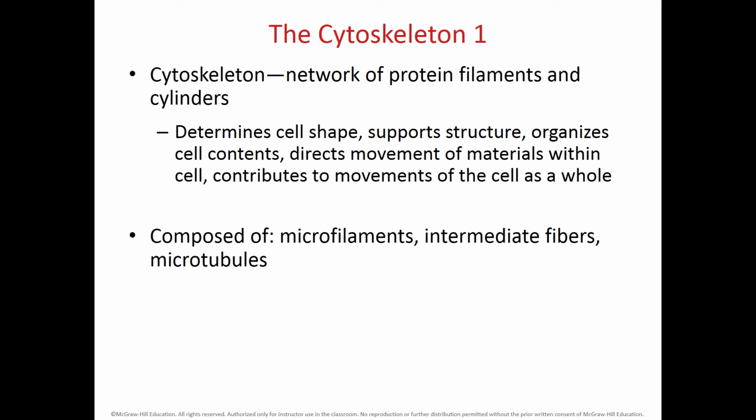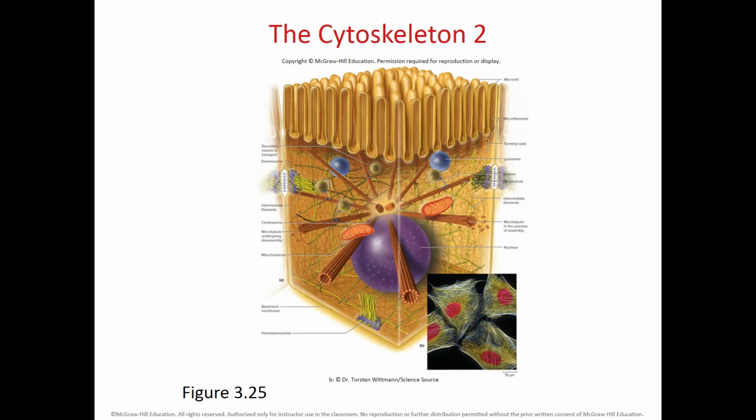The cytoskeleton is made out of three proteins: the thin protein filaments known as microfilaments, the intermediate fibers that are made mainly out of keratin, and microtubules that are formed by tubulin proteins.